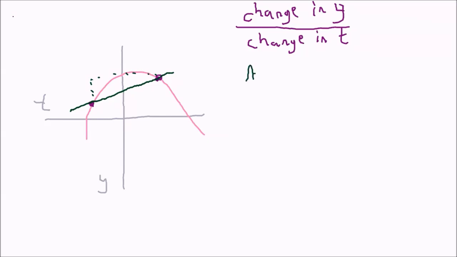So average, actually let's write it down here. Average rate of change is the slope of the secant line.